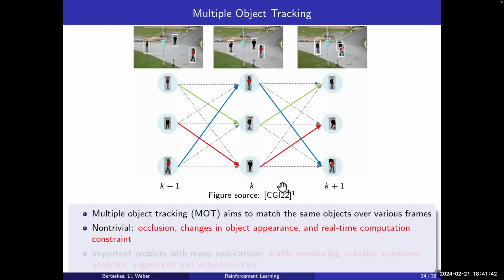And there are also pressing real-time computation constraints, because typically we want to do this matching in real time, and frames come in at a very fast speed, and we want to conclude the calculation in real time or as soon as possible. It's an important problem with a lot of applications, for example pedestrian or vehicle monitoring, robotics applications, and consumer analytics.